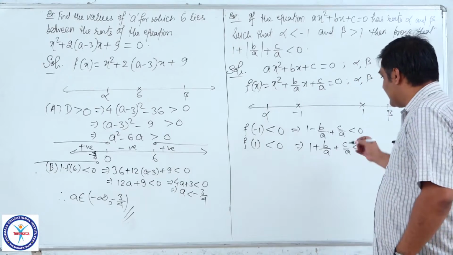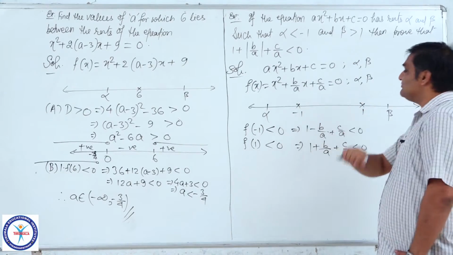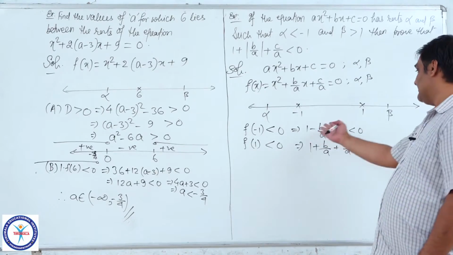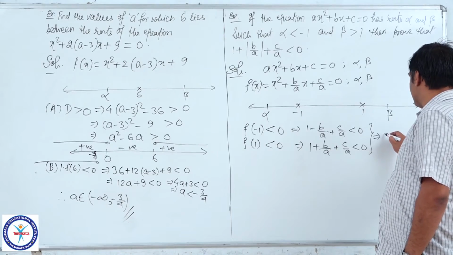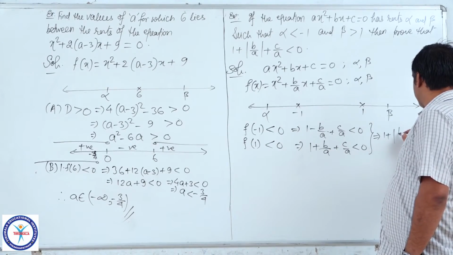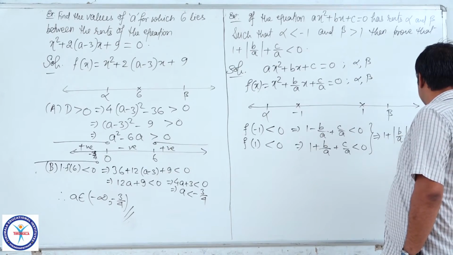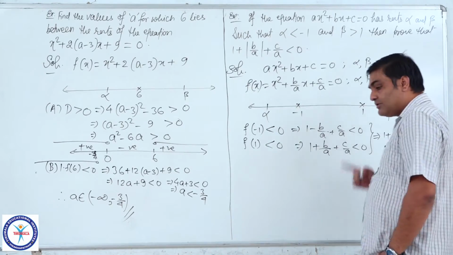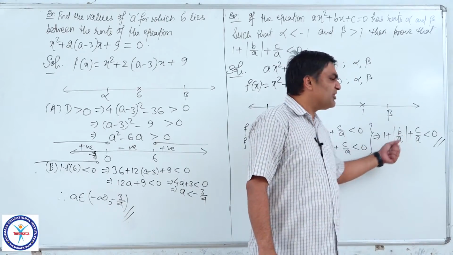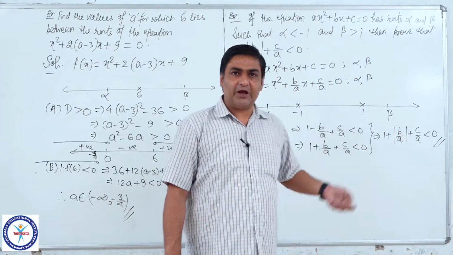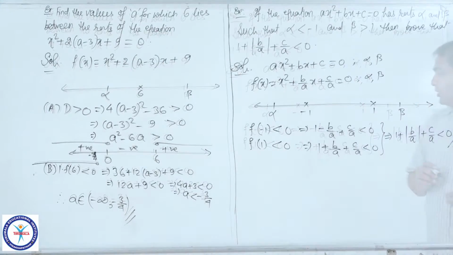Can't we observe that whether it is plus b by a or minus b by a, this is less than 0? So, we can combine these two to write 1 plus mod b by a plus c by a less than 0. Because even if we remove modulus sign, there will be either plus or minus. In both cases, we have seen that is less than 0.